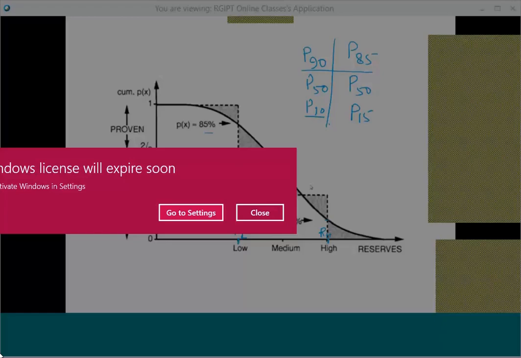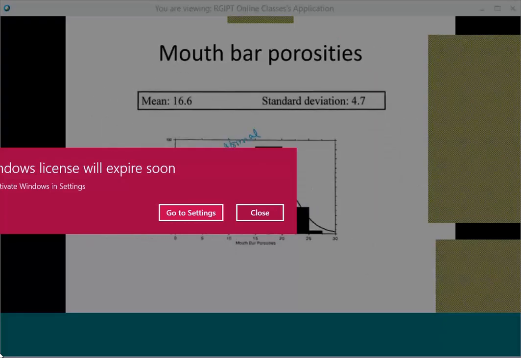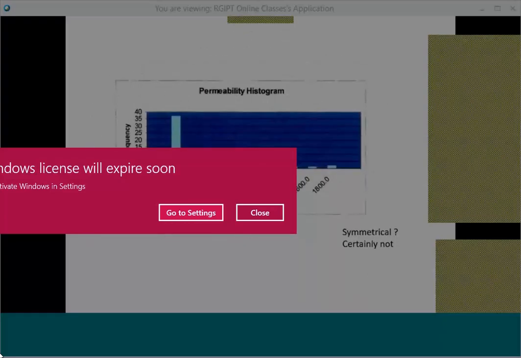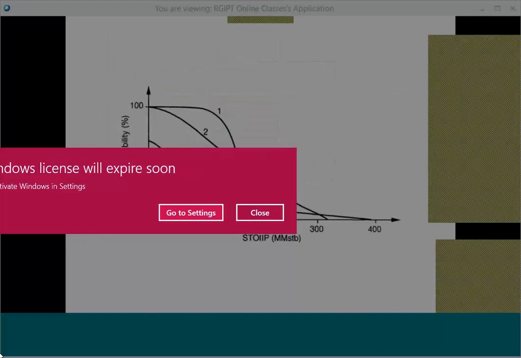Okay. So now let me go back to this slide here, which I had skipped earlier. There are 4 curves shown in this cumulative probability plot. Do you all see that?